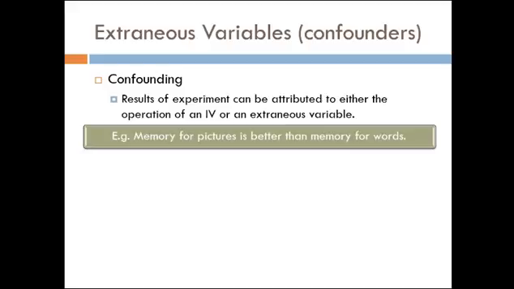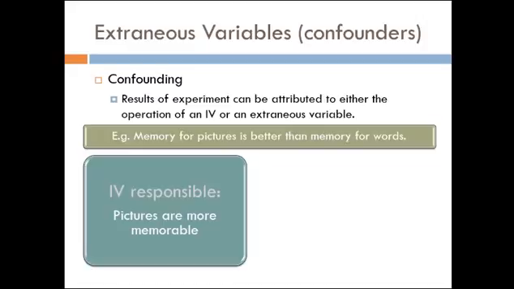So, for example, if our study shows that memory for pictures is better than memory for words, it's possible that the independent variable is responsible, that in fact pictures are more memorable than words. That's possible.